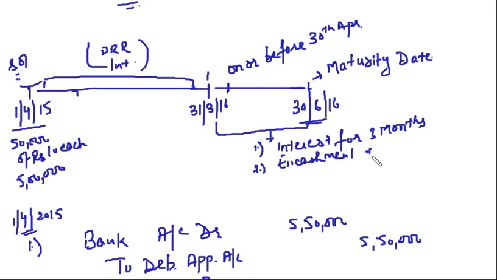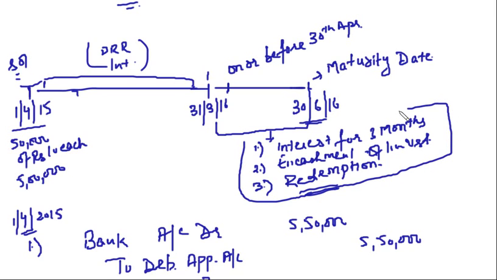Encashment of what? Encashment of investments, right? And then will be redemption. So these are the entries that we will pass during these 3 months periods.